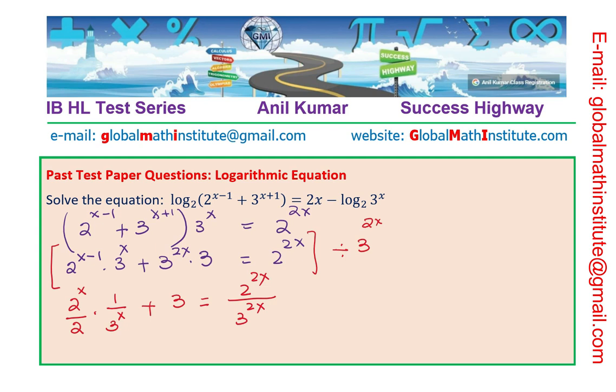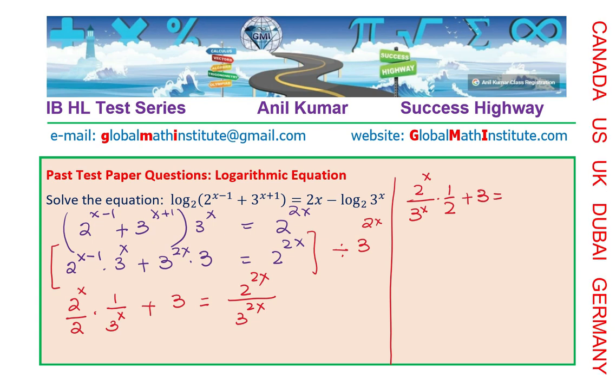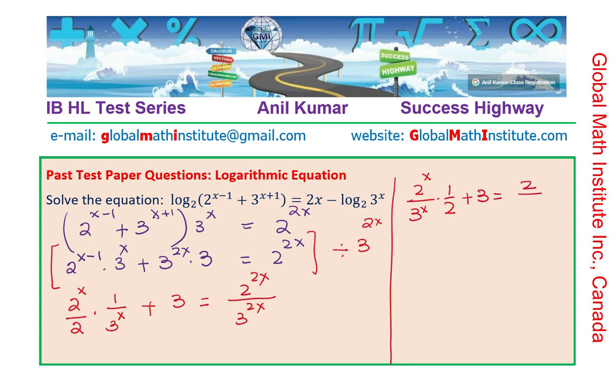You get the idea. So what you notice here is that we get something which is 2 over 3, right? So let me rewrite this equation on the right hand side. What you notice here is 2 to the power of x over 3 to the power of x, times half plus 3 equals 2 over 3 to the power of 2x.